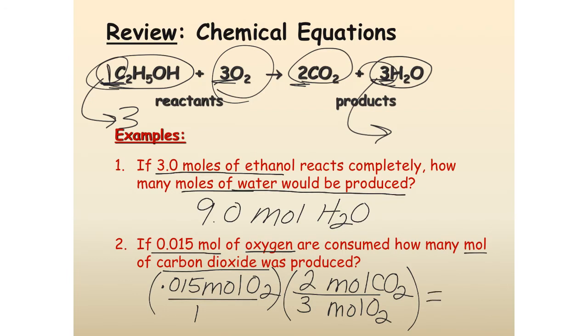Then we just do our math and get our answer. We would multiply by 2 and then divide by 3. That would give us 0.01 moles of CO2 because the oxygen would cancel. Again, you could have set up a proportion if you find that easier.